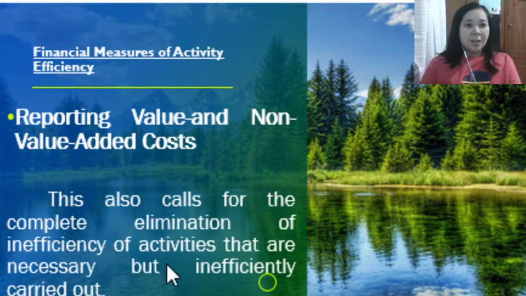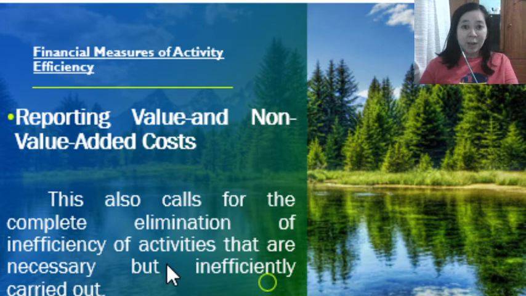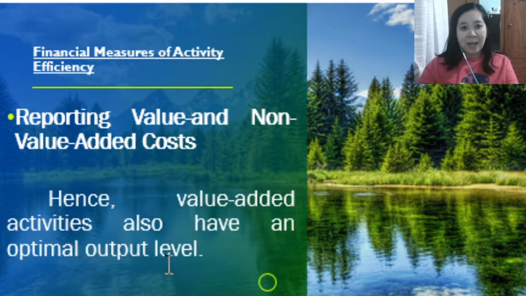It also calls for the complete elimination of inefficiency in those activities that are necessary but are inefficiently carried out. Although they are necessary, their output is inefficient, so they can also be classified as non-value adding, and they should be eliminated.